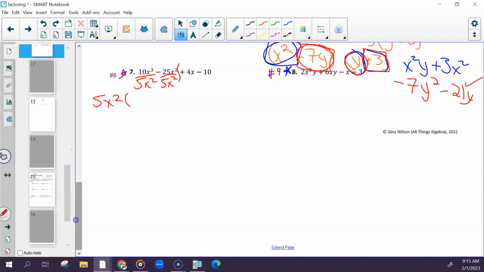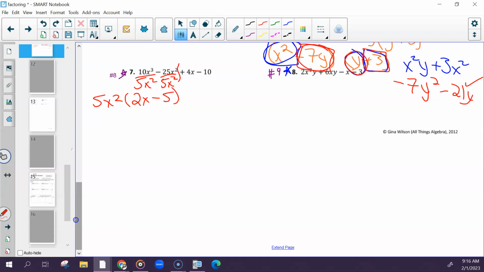So if we divide that by 5, what would be left? 5x squared. What would be left? Guys, listen. If we're dividing by 5x squared, what would be left? 2x minus 5, right?